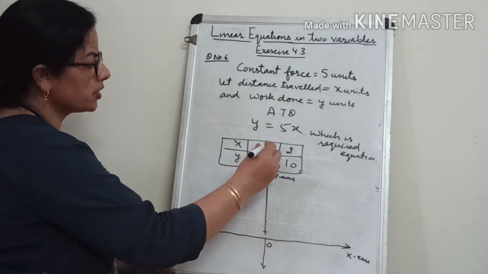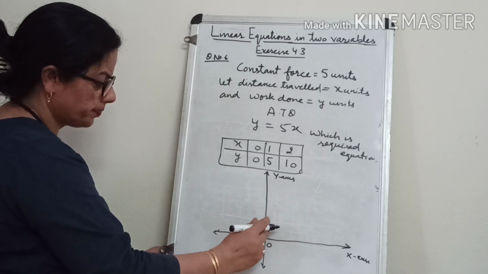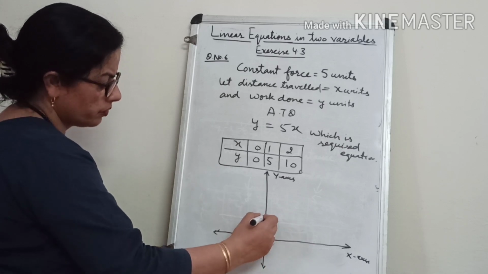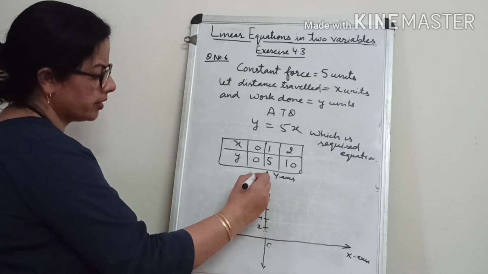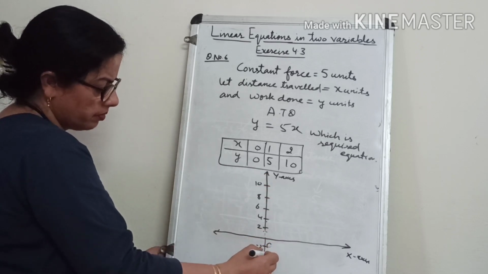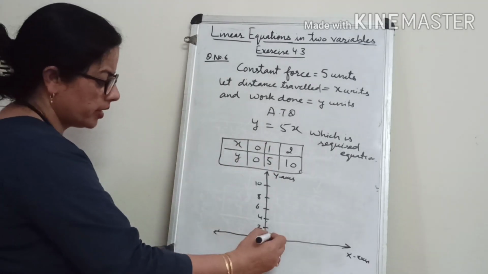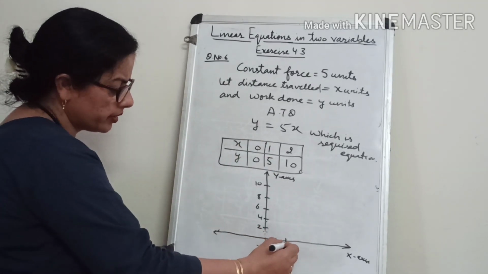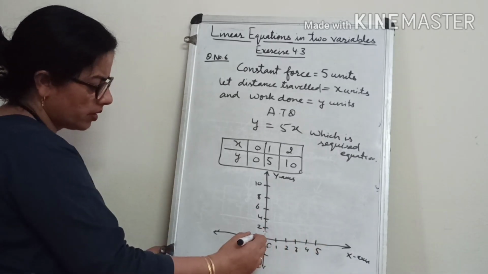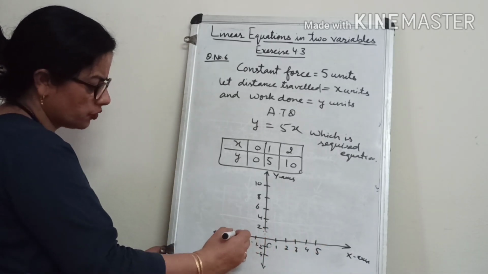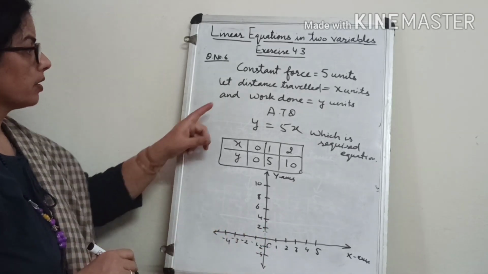Let us take here a gap of 2, 4, 6, 8, 10, -2, -4, or you can take a gap of 1 also, it is up to you. And here also a gap of 1, 2, 3, 4, 5, here -1, -2, -3, -4, like this.